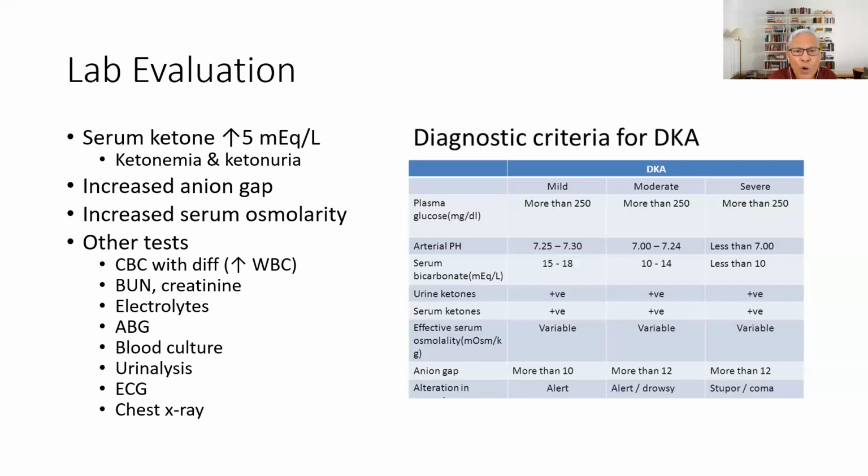And there's what's known as an increased anion gap. And I will postpone that a little bit later on to talk about what an anion gap is. And there's going to be an increase in serum osmolarity. All right, so what is serum osmolarity?